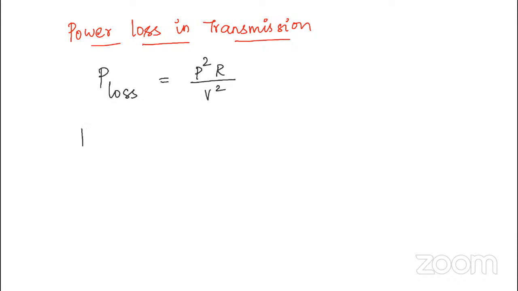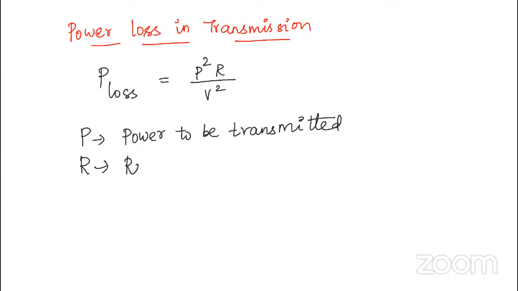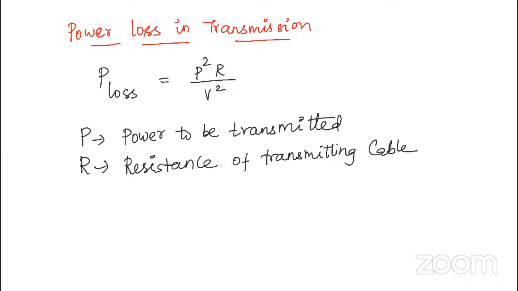Here P is nothing but the power to be transmitted, R is the resistance of the transmitting cable, and V is the voltage across the device.